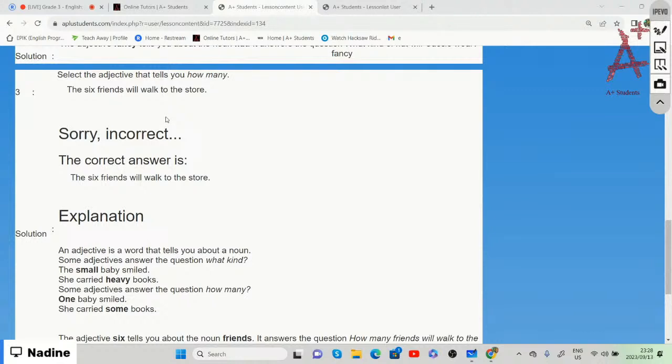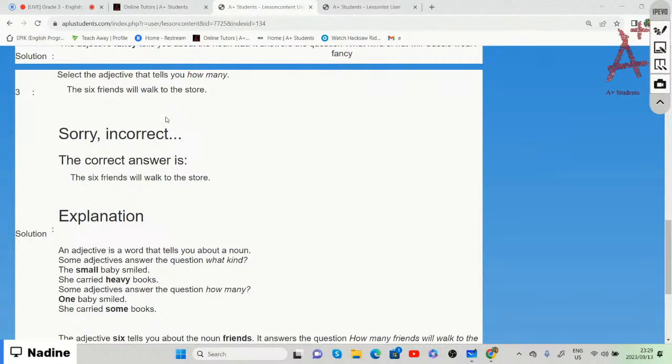If we look at that sentence, the six friends will walk to the store, what is the adjective that tells us how many within that sentence?